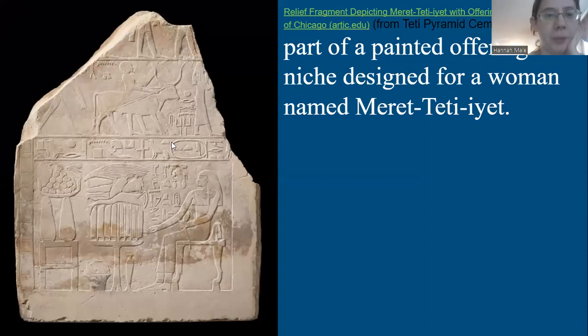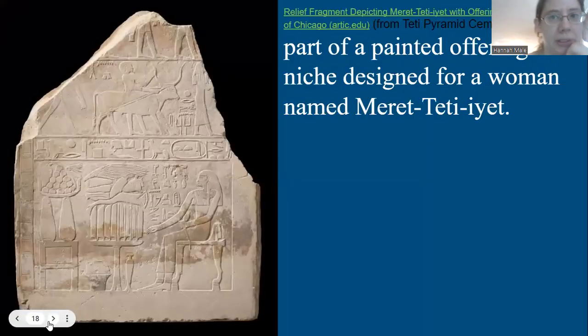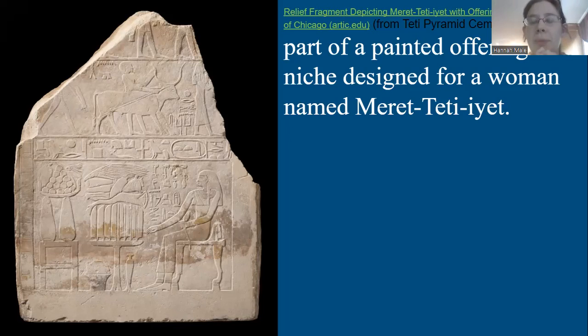This object originally came from that Teti Pyramid Cemetery, so not the pyramid itself, but one of these other burials that surrounds it. This is a relief fragment. I think it originally came from an actual tomb, a female tomb in the Teti Pyramid Cemetery, the tomb of a woman named Merit Teti Ayit.